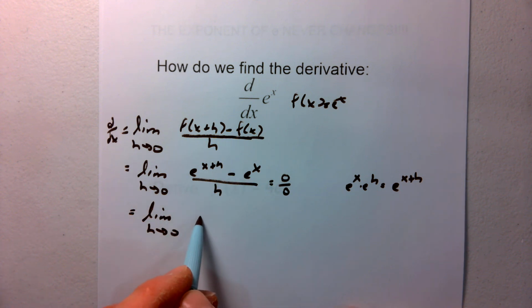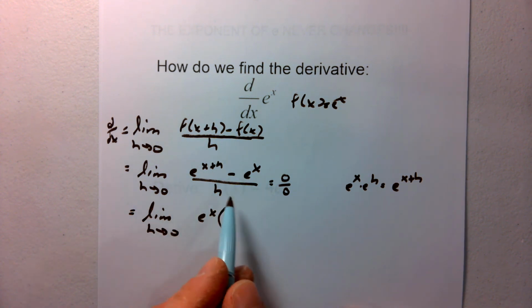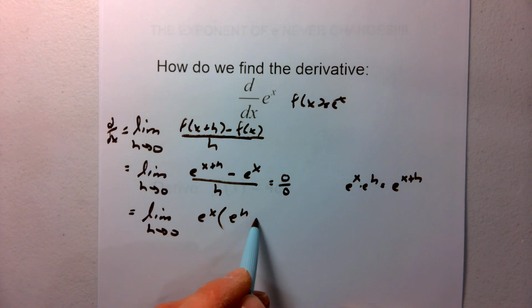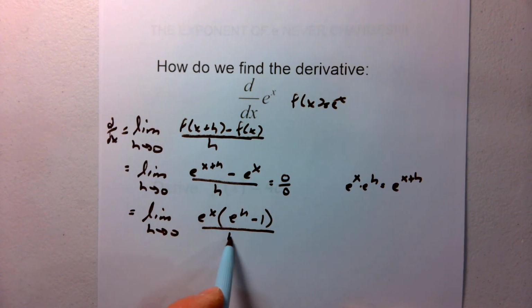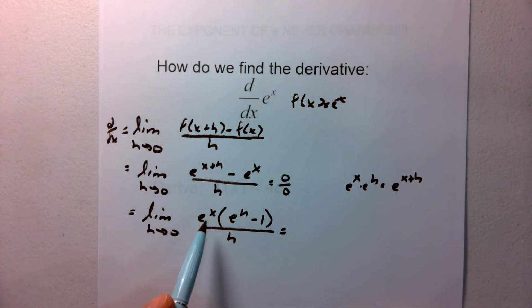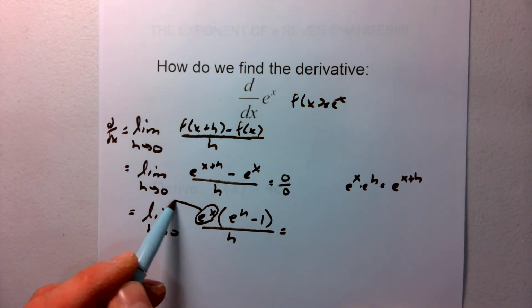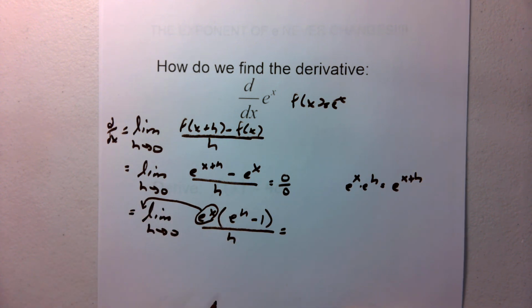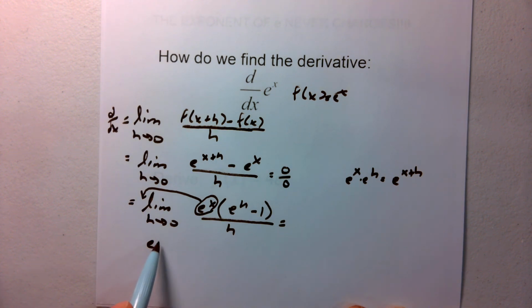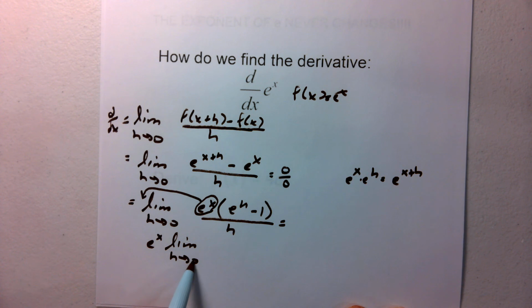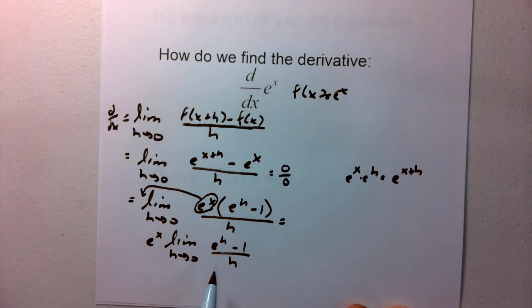So I can pull out an e to the x. That's going to leave me with e to the h minus 1 over h. This e to the x, since there's no h variable in it and it's being multiplied to all this, I can bring that e to the x out of that limit. So I'm looking at e to the x times the limit as h goes to 0 of e to the h minus 1 over h.